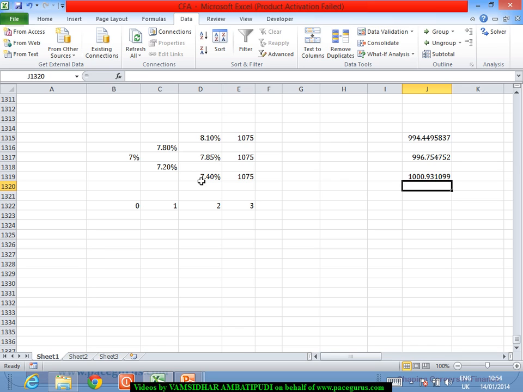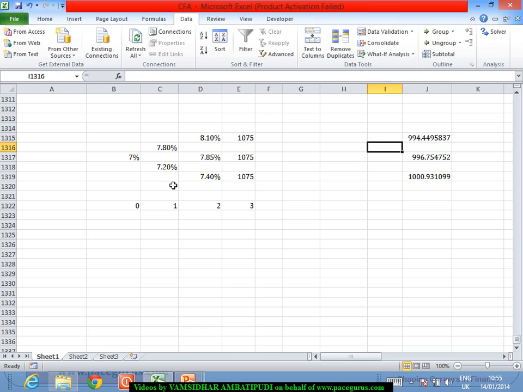Fair enough. Now again there is a 50% chance. Okay, these are the possible present values. If the interest rate is 8.1, the present value is 994, otherwise 996, otherwise 1000.93. Now what we are saying is, I'll work backwards.